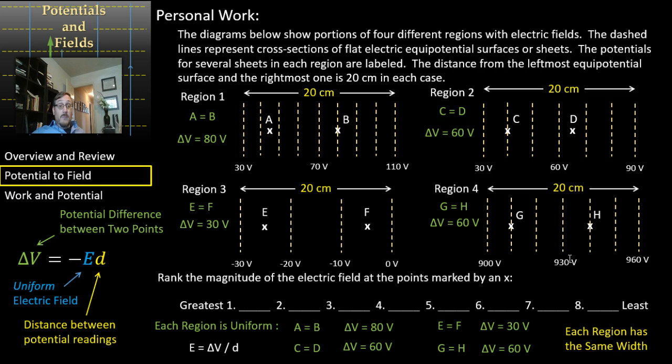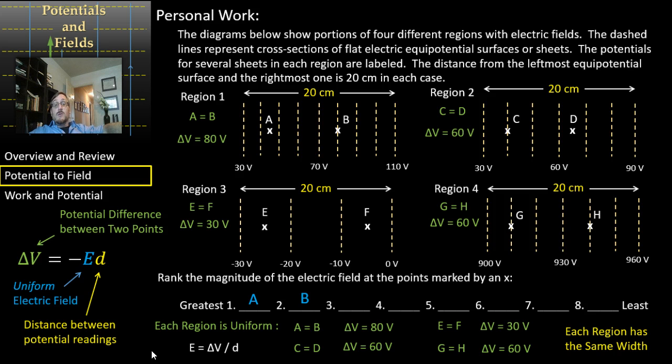So now we've got all of these things, and we just have to rank with these delta V's. Well, A and B have the largest delta V, right, which is 80 volts over the 20 centimeters. So A and B are going to be the greatest, right? C and D have 60 volts.